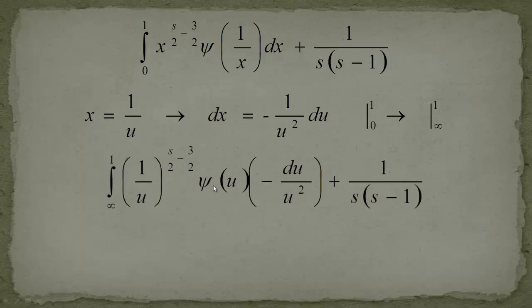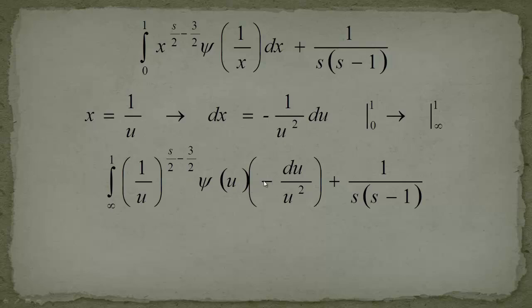Okay, let's just use this. So x will be replaced by 1 over u, and here, because we are replacing x by 1 over u, we have u here, and this differential expression dx will become minus du over u squared. And remember, we didn't change anything to this guy. This is not part of the integral, so it's just left as 1 over s minus 1. Now what can we do here? First of all, you see the boundaries are not that good looking, from infinity to 1.